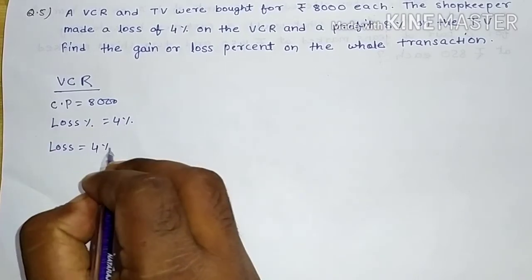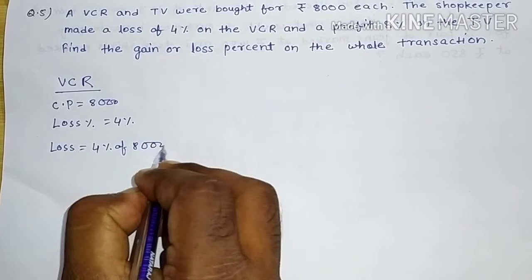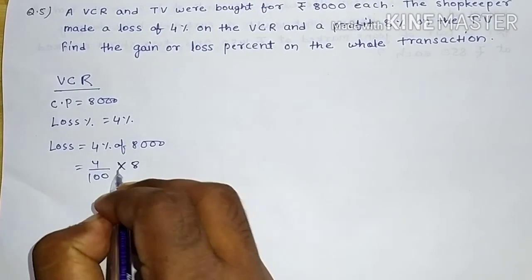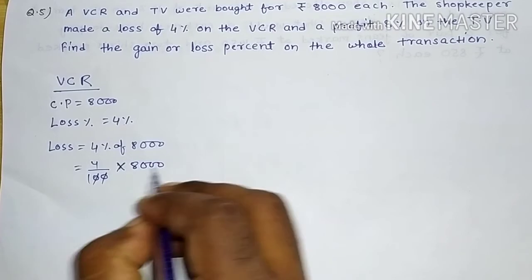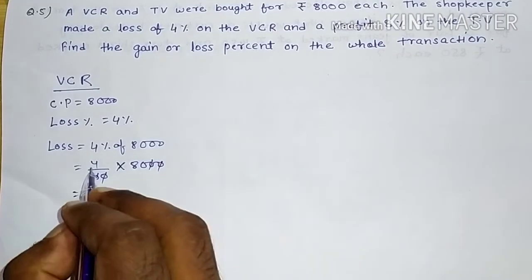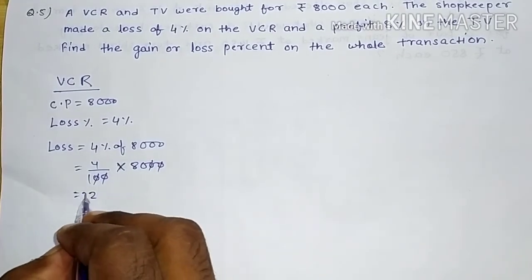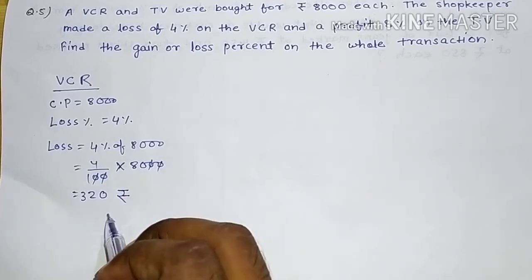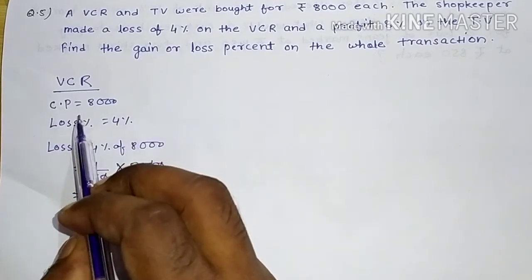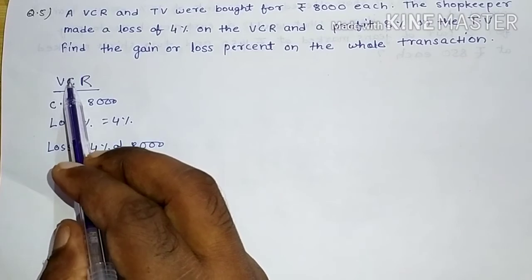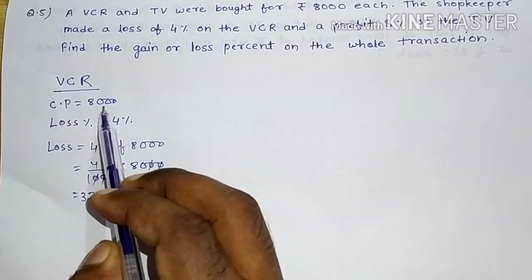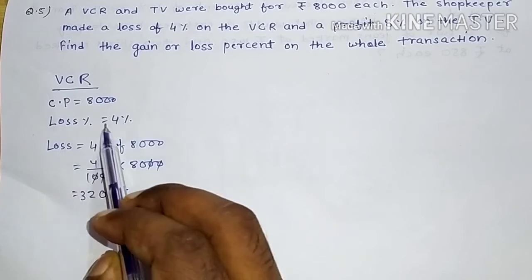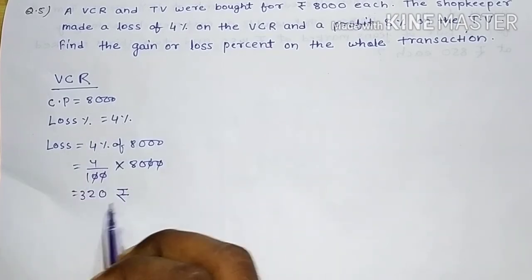So 4 upon 100 multiplied by 8,000. 0 cancels out, and this equals 4 8s are 32, 320 rupees. The loss is 320 rupees on the selling of the VCR. So CP is 8,000 and loss percent is 4%. So loss is equal to 4% of 8,000. So this is 320 rupees.